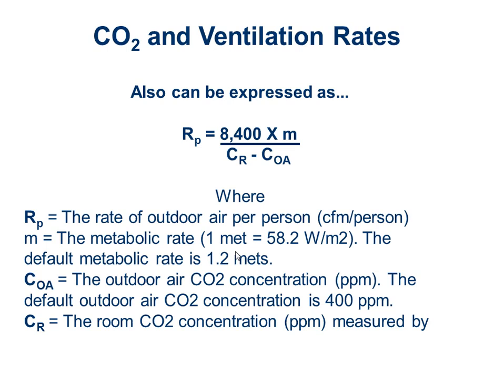And I can work this equation multiple ways. If I know the ventilation rate that I want, the R in this equation, and I want to solve for the CO2 in the space I'm targeting to find my set point, so CR in here, I can do that exact same thing. 8,400 times 1.2 is 10,080.